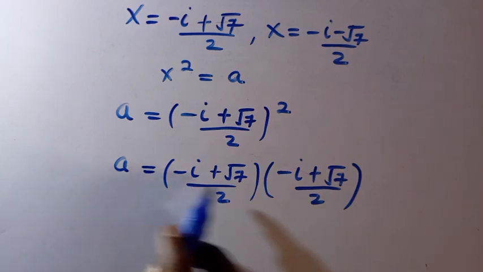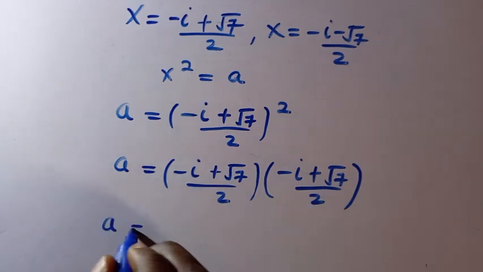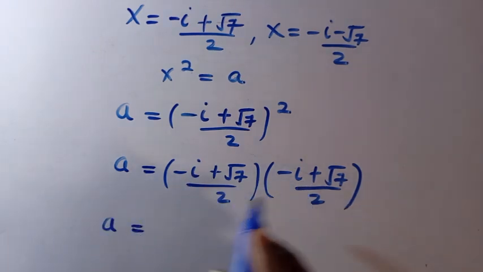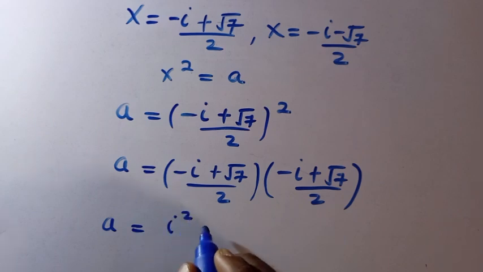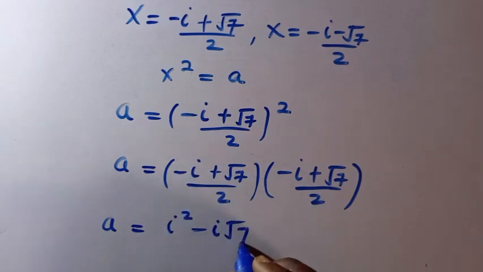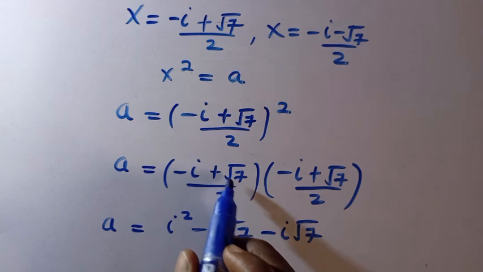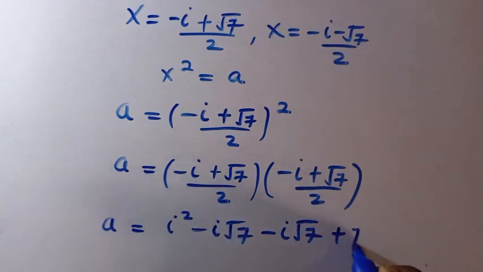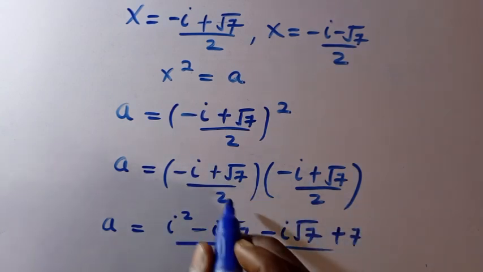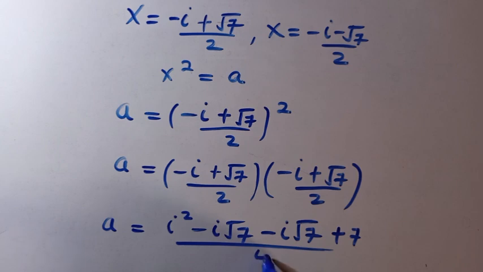Then we expand this out. We have a equals minus i times minus i, which is i squared, minus i times root 7, that is minus i root 7, root 7 times minus i, we have minus i root 7, and root 7 times root 7, that is 7. Divided by 2 times 2, which is 4.